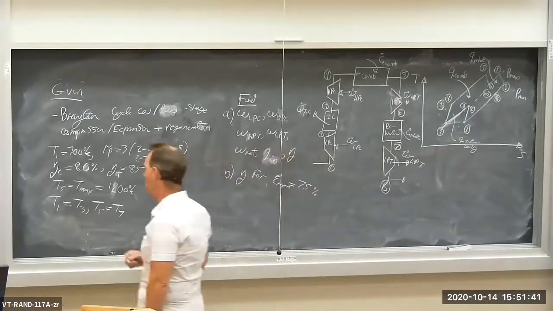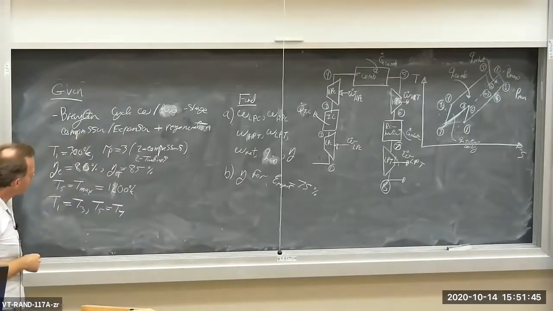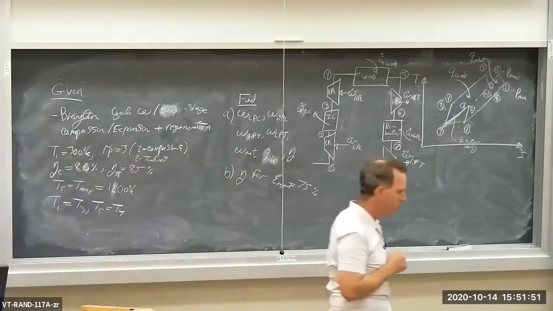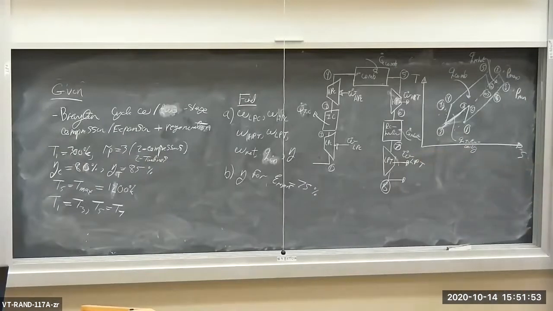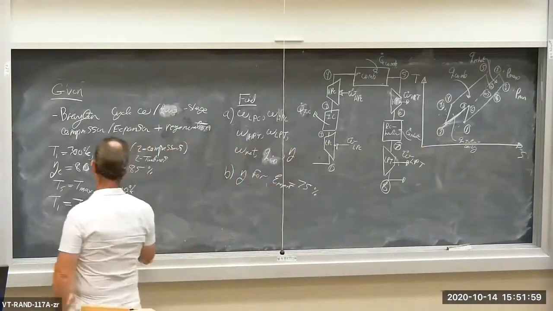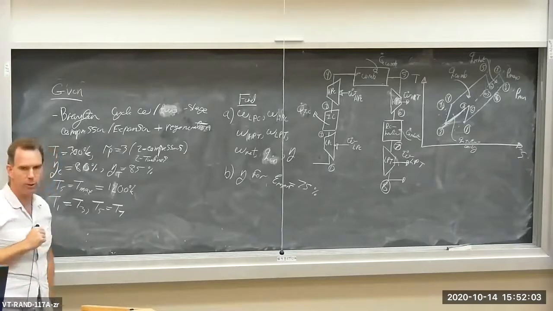The turbines and compressors have 85% and 80% isentropic efficiency, respectively. The maximum temperature in the cycle, the combustor exit temperature T5, is 1200 degrees Kelvin.